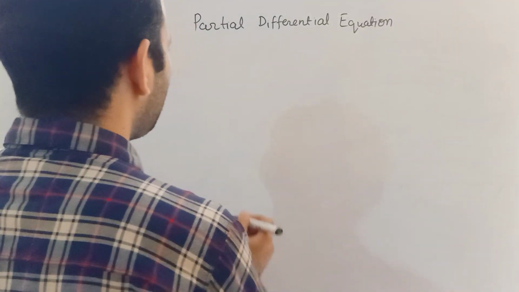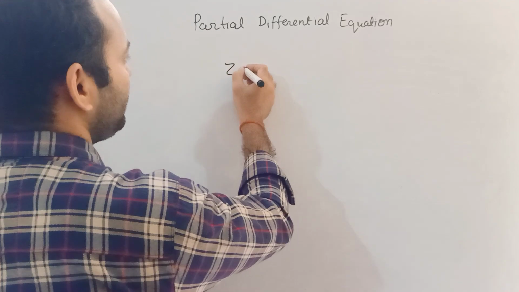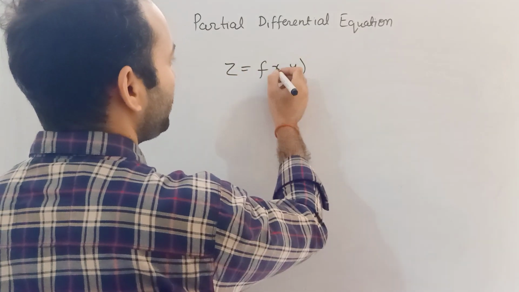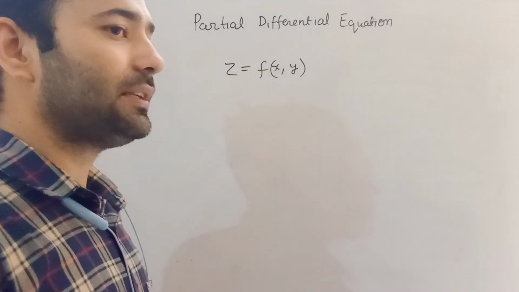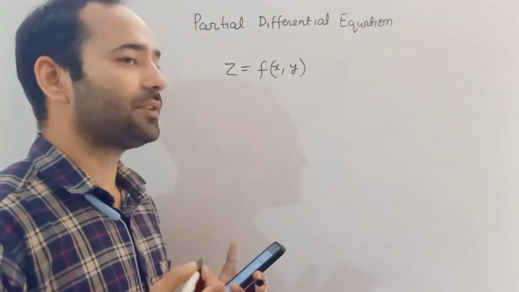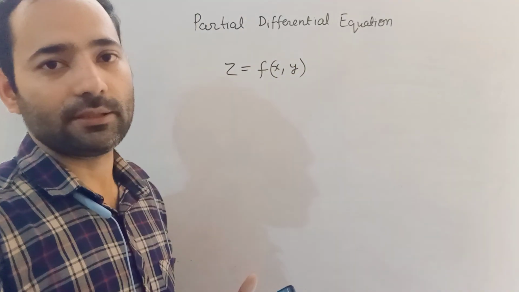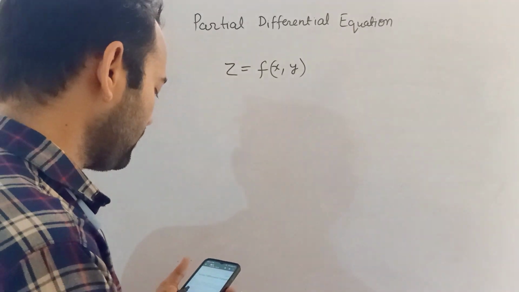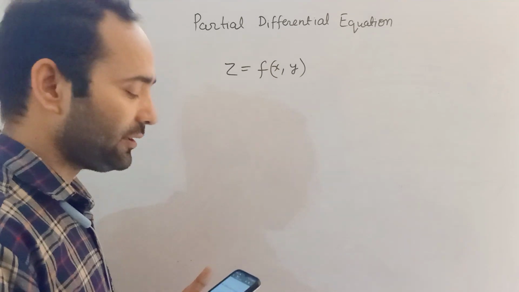Let me assume that z is a dependent variable and x and y are independent variables. I'm just trying to introduce those partial differential terminologies. So x, y are independent variables.